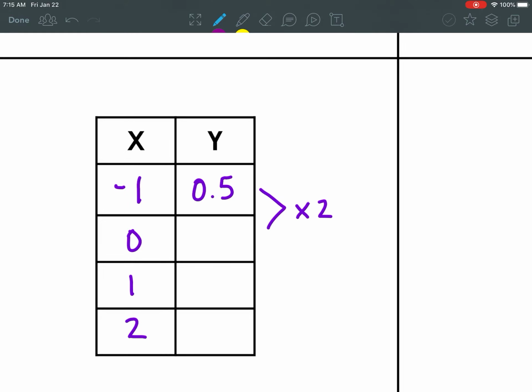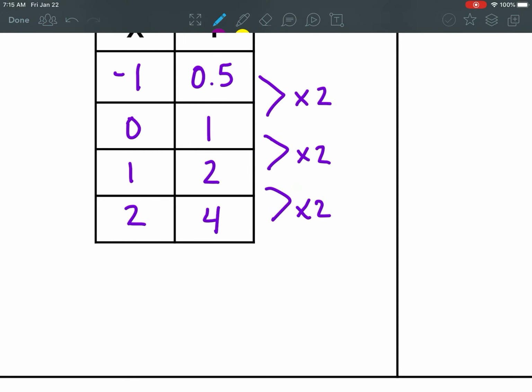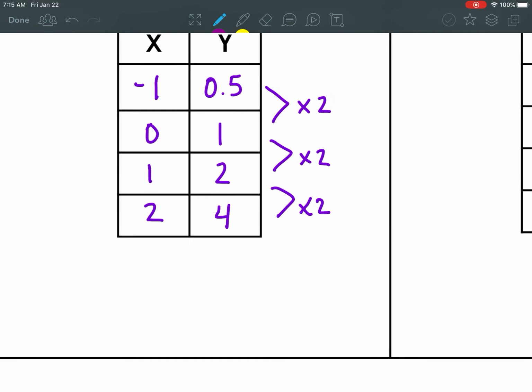So I'm going to do 0.5, and instead of adding or subtracting, I'm going to multiply. So if I multiply by 2, we get 1. And I'm going to do this over and over, and then 2 times 2, oops, wrote down the wrong thing, so this would be 4. And you're going to see if you continued this table, you'd get 8, 16, 32. It's going to increase pretty fast.